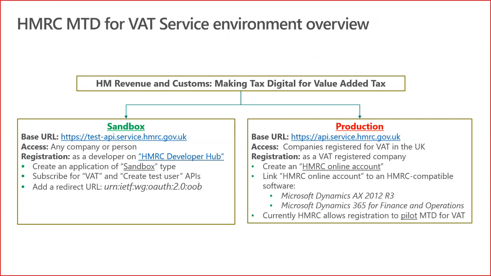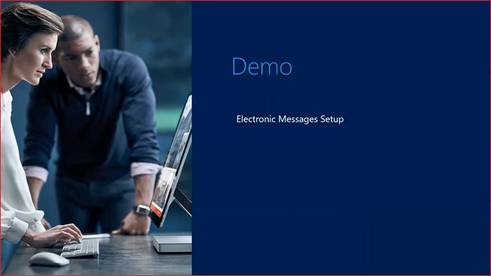During that registration, the company will get a user ID and password, which will be used for further authorization. When an HMRC online account is created, the company will need to link it to HMRC compatible software. Our customers on Dynamics 365 versions will be able to select Microsoft Dynamics 365 for finance and operations.